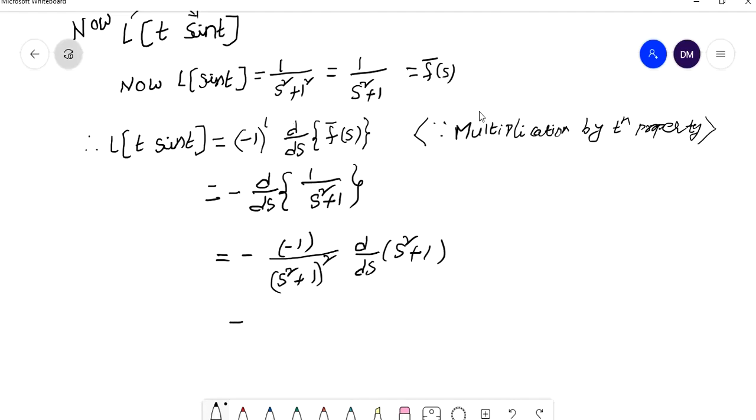Here minus minus is plus, 1 by s square plus 1 whole square into the derivative of s square plus 1, which is 2s. So this is equal to 2s by s square plus 1 whole square, right? Take this one as equation number 4.